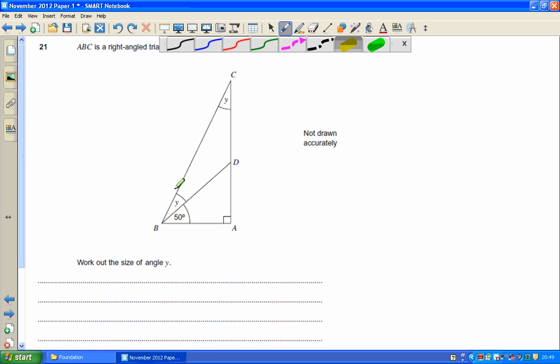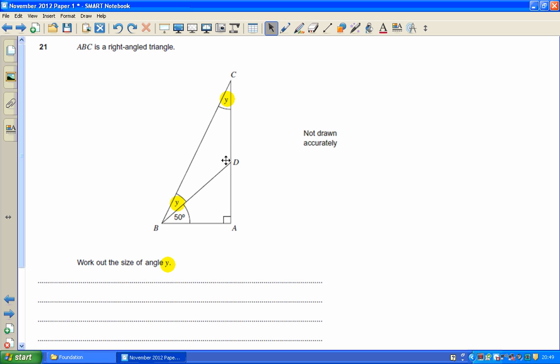So we're going to try and work out what the size of angle y is. Well, there's angle y there and there. To do this question, the first thing worth noting is if these two angles are y, then those two angles are the same, which means it must be an isosceles triangle.